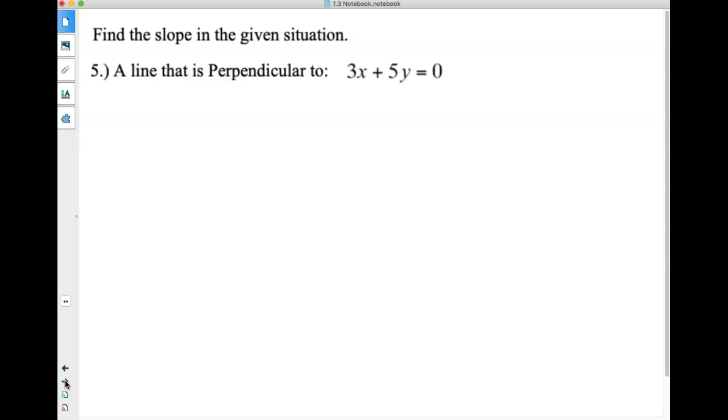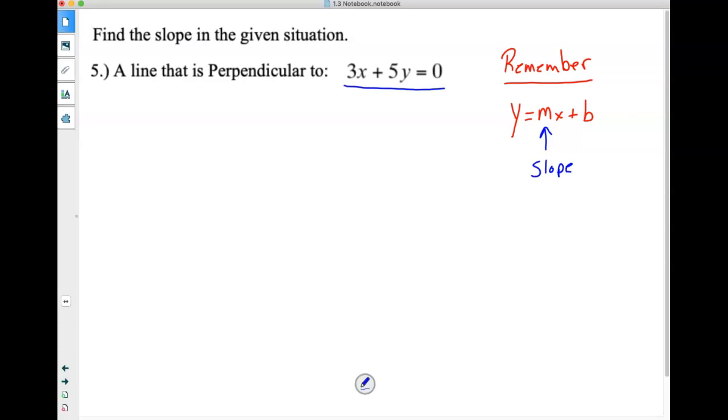Find the slope in the given situation of a line that is perpendicular to this line. Okay, well, remember, when you're talking about lines, remember your favorite form of a line, y equals mx plus b, where slope is tagged to your x value, okay?